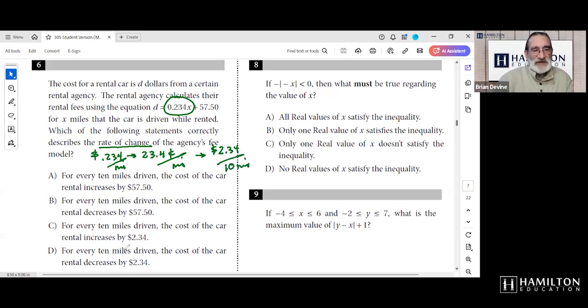And so I want the one that says the cost is going to be for every 10 miles, I spend $2.34. And I do see that right here in C. So C is your correct answer. For every 10 miles you drive, you're spending $2.34, 23.4 cents per mile times 10.